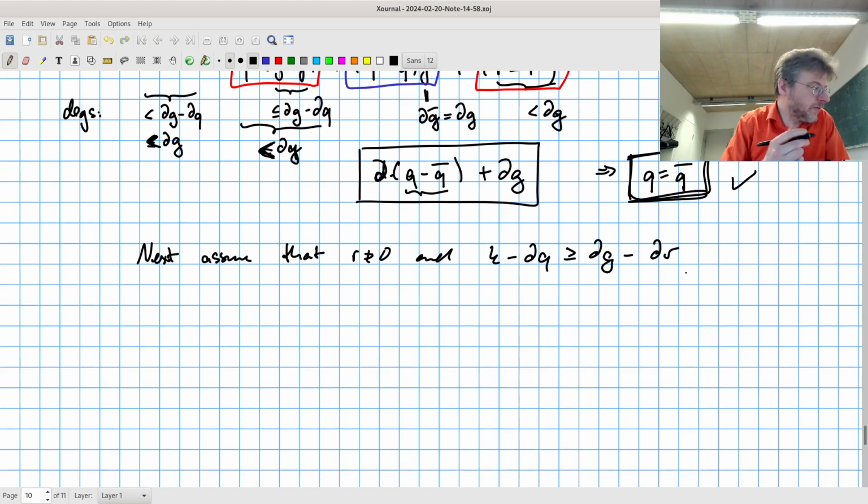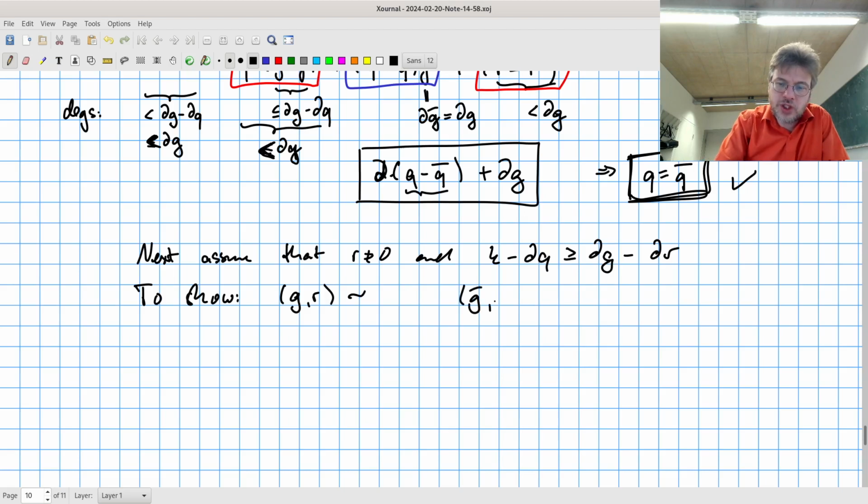And we have to show that if these 2 cases do not happen, then the third of the possible cases happens. And the third of the possible cases was that the pair g, r agrees or coincides with the pair g bar, r bar up to 2k minus the degree of q.